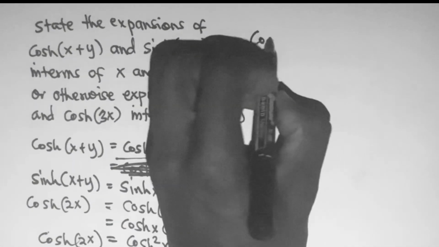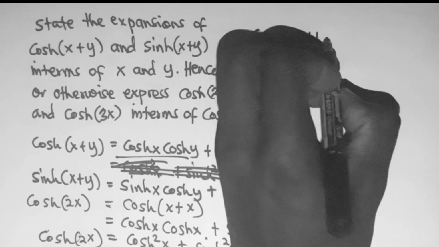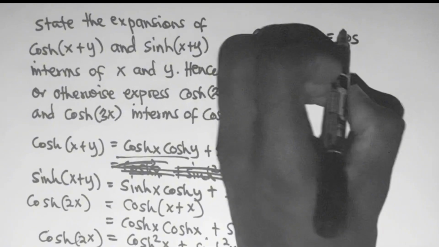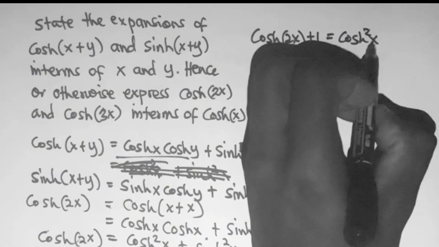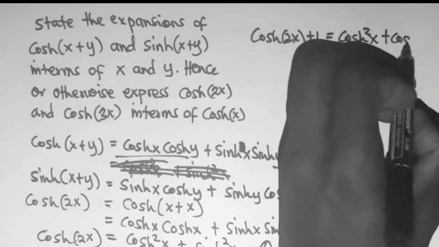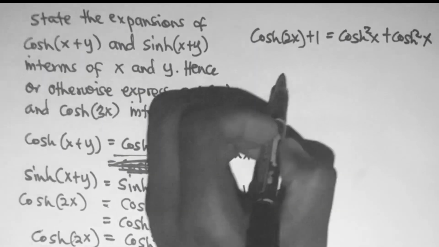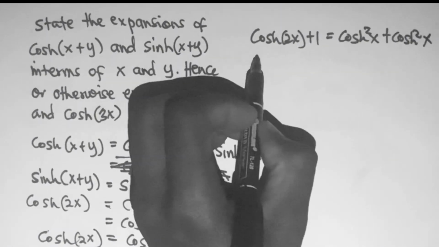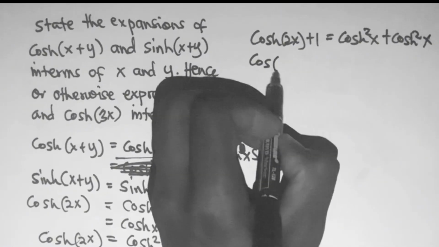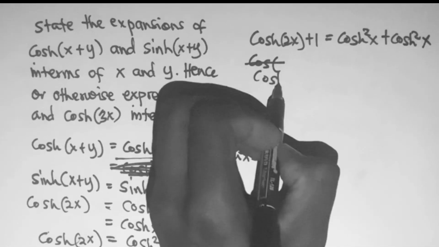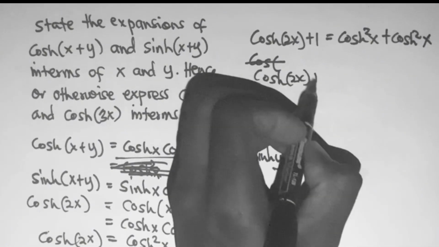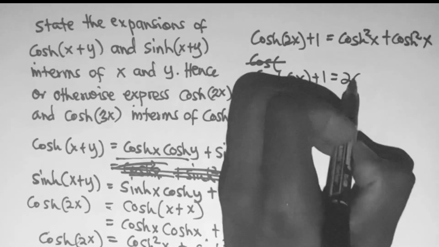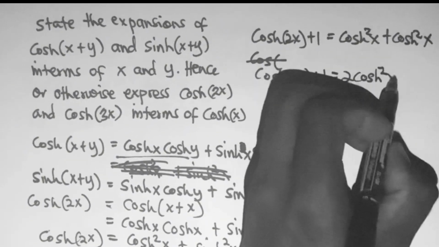So cos 2x plus 1 is equal to cos squared x plus cos squared x. So cos 2x plus 1 is equal to 2 cos squared x.